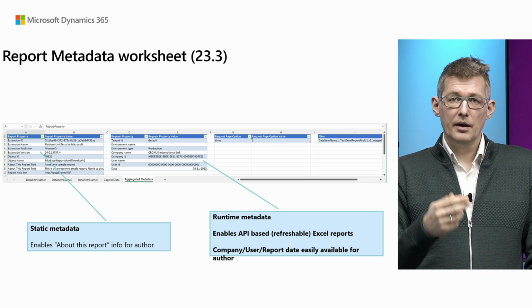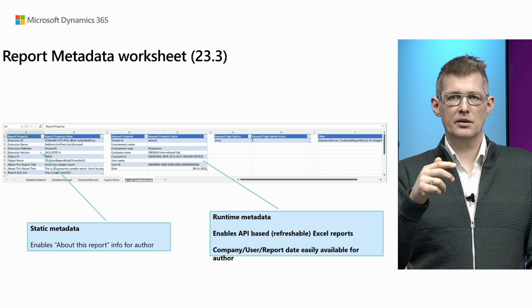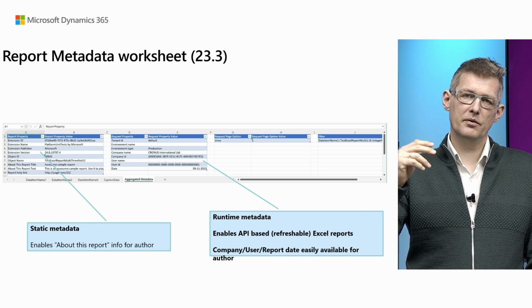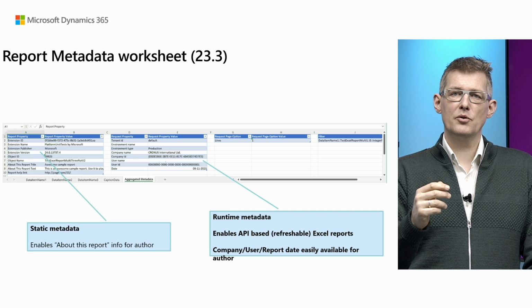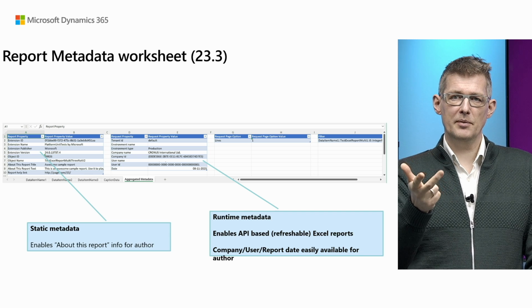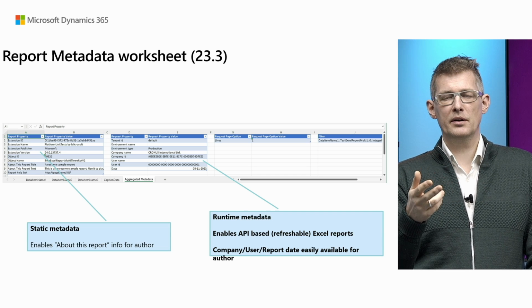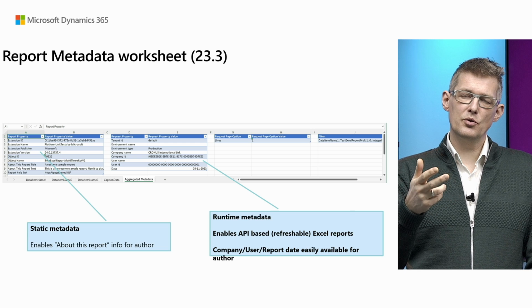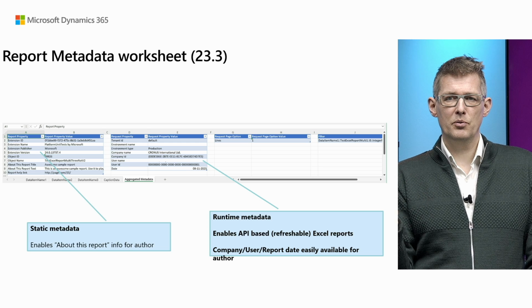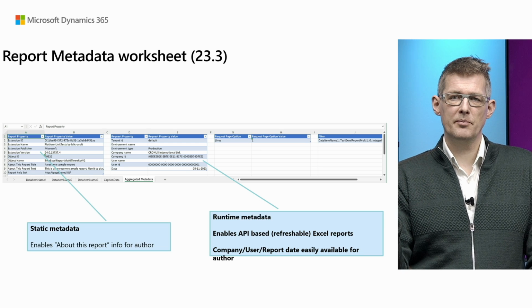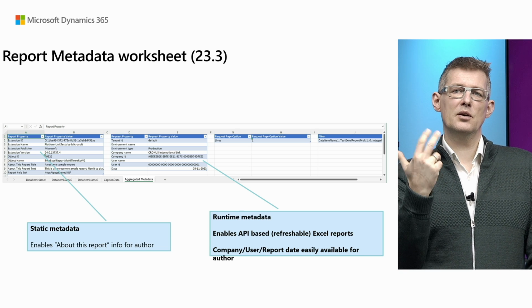The second thing that is very useful from this worksheet is the request properties. Now, not the request page, but the actual report requests. This is where we now store the tenant ID, environment name and type, company name and company ID, and the date for when this report was run. You can use this in the layout itself, for instance, the date time of when the report was run, so that when people run the report, they can see when it was refreshed.